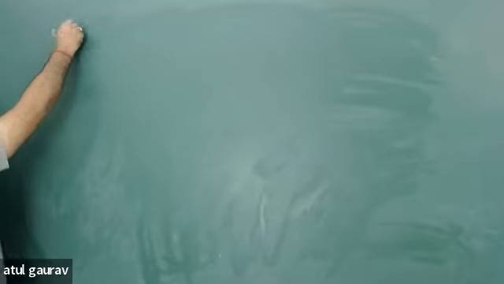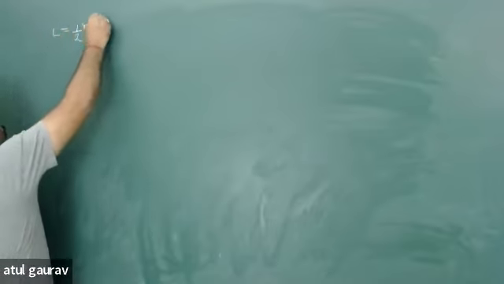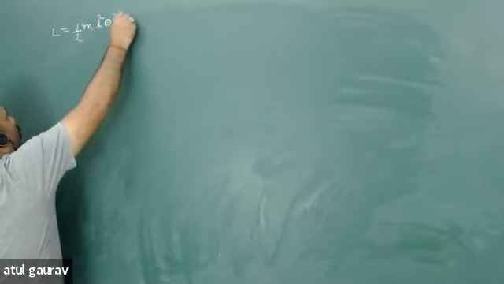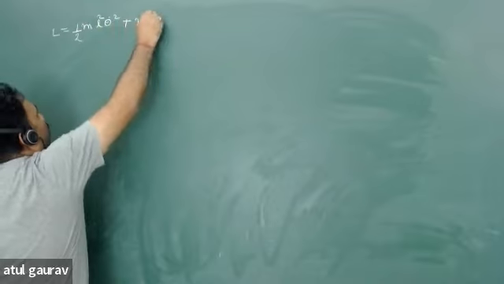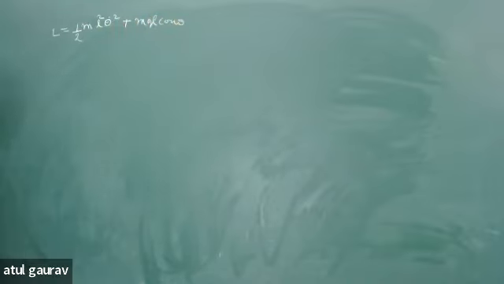चलो नेक्स्ट क्वेश्चन. The Lagrangian of simple pendulum is given by half m L square theta dot square plus mgl cos theta. So this is Lagrangian of simple pendulum.